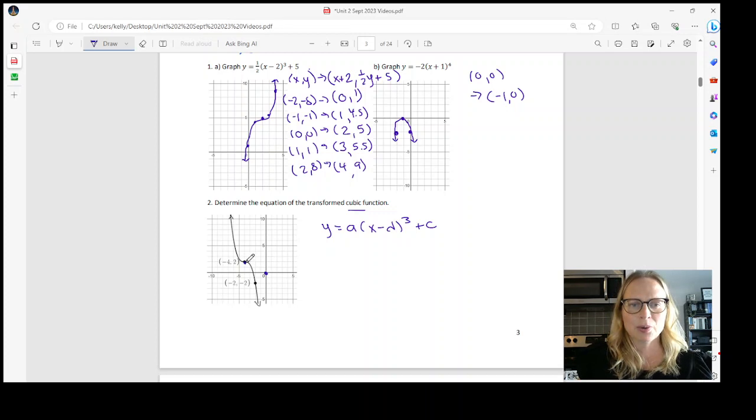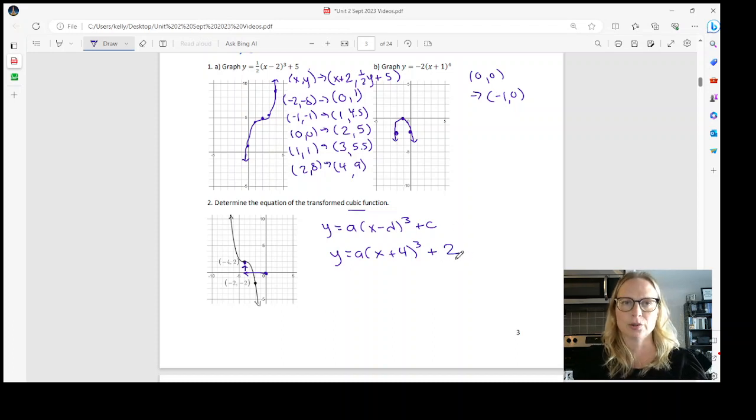The center point of this cubic is actually at (-4, 2), meaning our cubic has been shifted to the left 4 and up 2. Meaning in here we will have x plus 4 and then a plus 2, right? Because this is our shift left of 4 and up of 2.